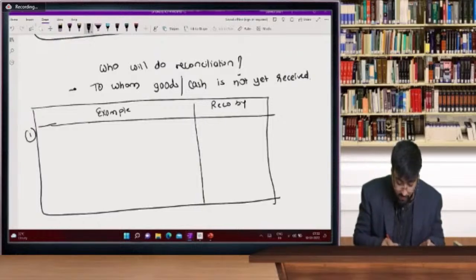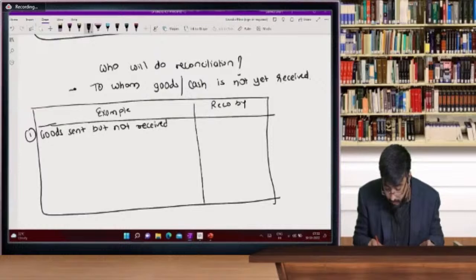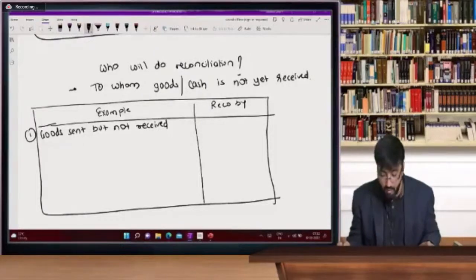Now the first one: goods sent but not received. Who will pass this entry? Tell me in the comment section.